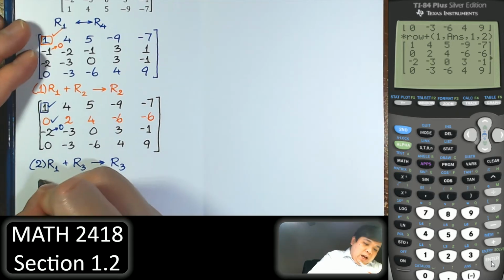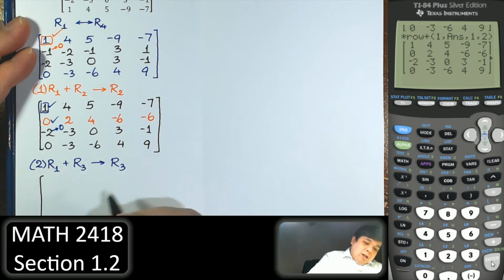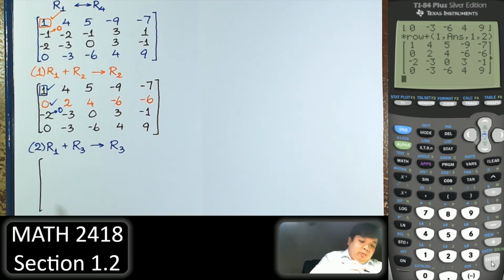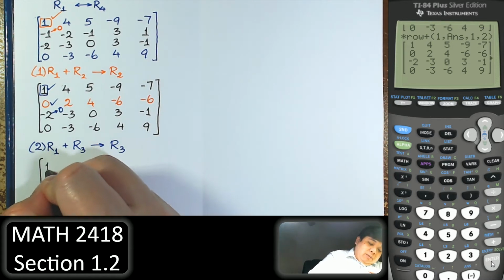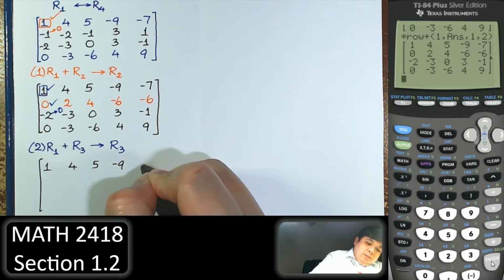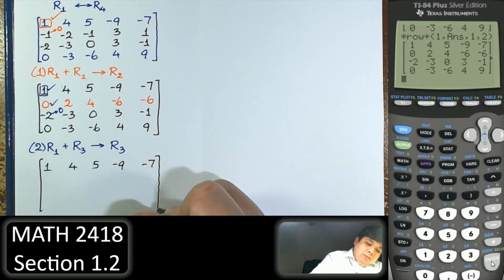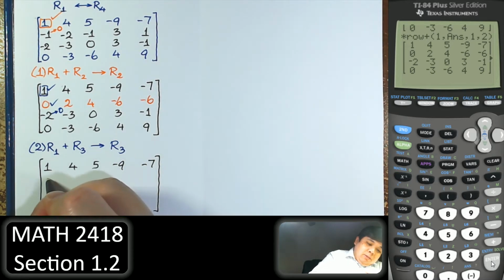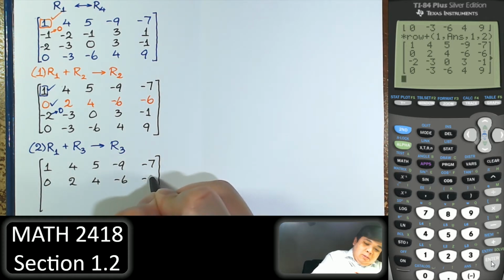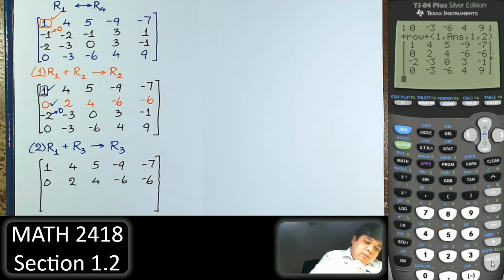So doing that, only row 3 will change. Rows 1, 2, and 4 will stay the same.